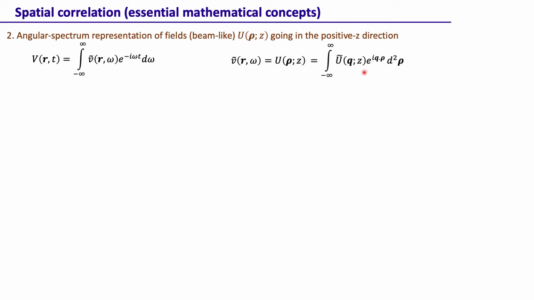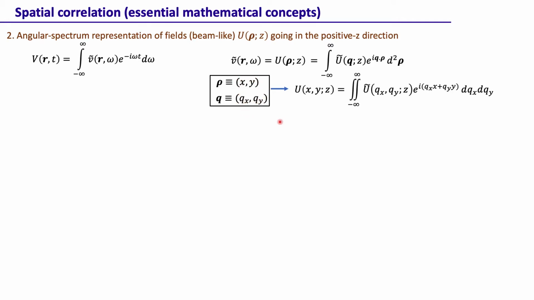Now this u(ρ, z) can be written in terms of a Fourier relation, and here this is a two-dimensional Fourier transform. R is a three-dimensional variable, but ρ is a two-dimensional variable. So R is basically (ρ, z), and x, y we are writing as ρ, so this is a two-dimensional Fourier transform. The q, which is the spatial frequency, the conjugate basis for ρ, we write as (qx, qy).